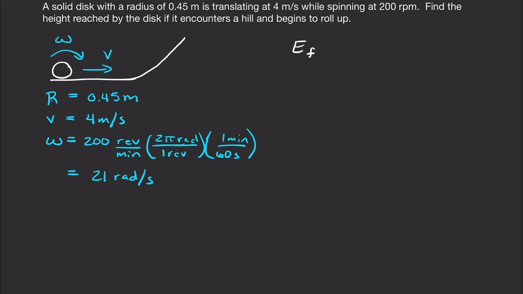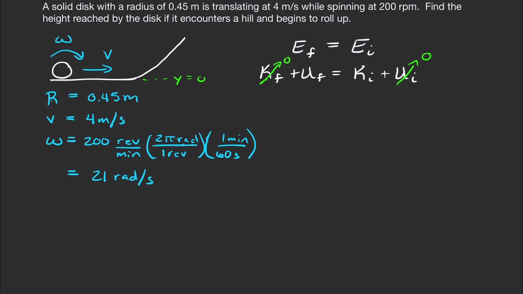So at the end, when it goes up the hill, it will have the same energy as it started with. So we have final kinetic plus final potential is equal to initial kinetic plus initial potential. In the beginning, there's not going to be any potential energy because it's going to be at what we call y equals 0. And at the end, it's eventually going to stop rolling up the hill when it gets to its max height.